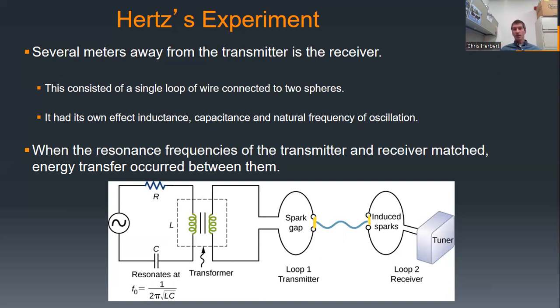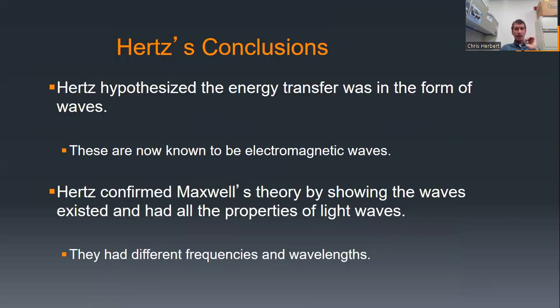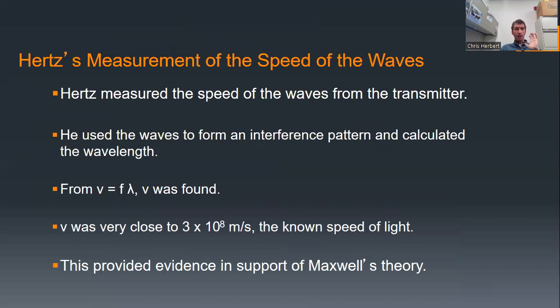This wasn't just an electric field being generated by the first transmitter. It had to be a wave because as he played around with this device, he showed that he could produce interference. He could produce diffraction. He could produce all the different properties we expect from a wave.